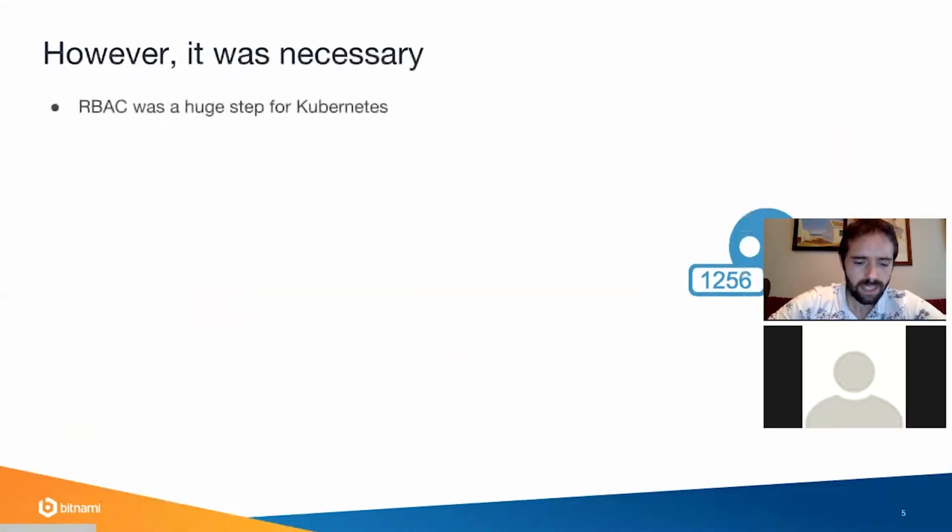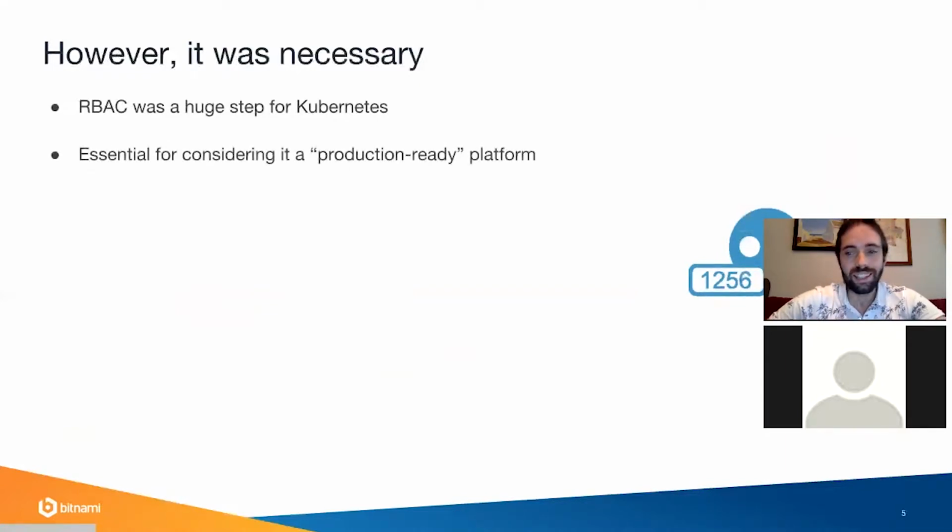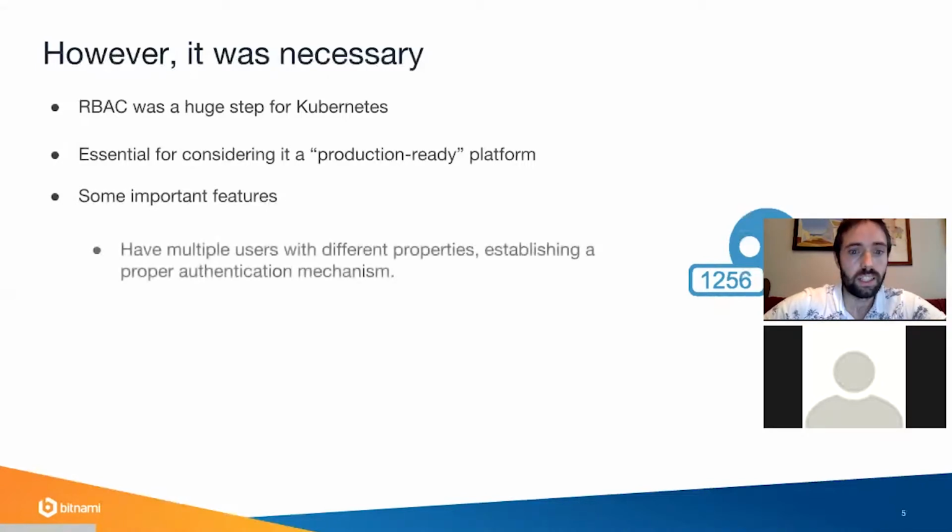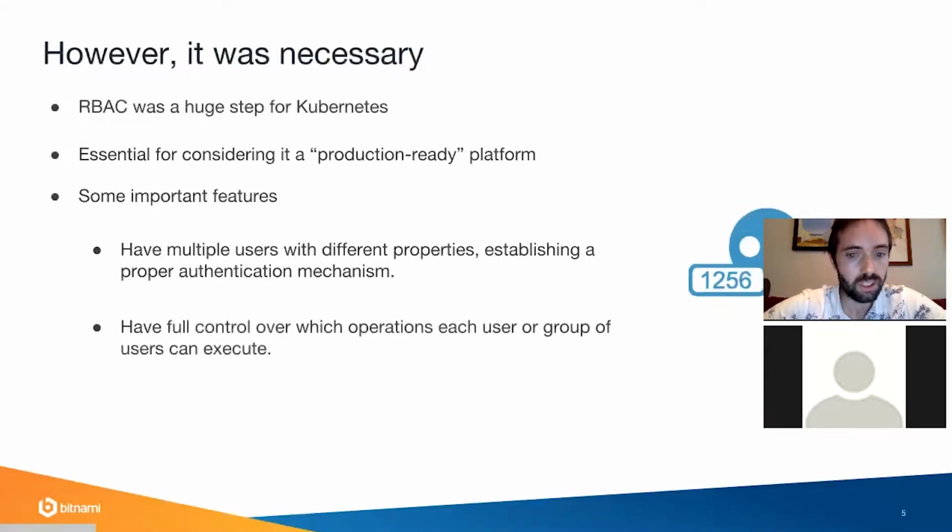There was already another solution like ABAC, but when RBAC came, it was a really important moment, because suddenly Kubernetes stopped being like a toy that you would try playing with. It took an important step in becoming a production-ready platform, because when we have Kubernetes in our enterprises or want to work with it in production, it's important to be able to control multiple users, to authenticate, and to control what a certain user can or cannot do, or what operations they can or cannot execute.